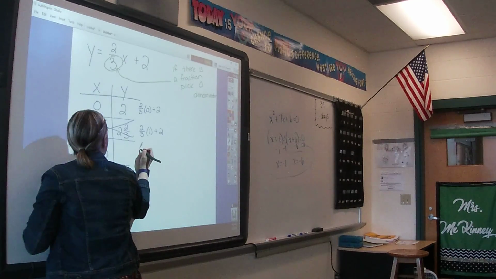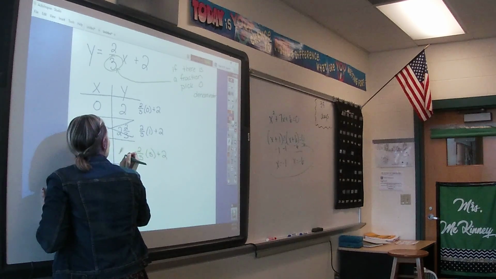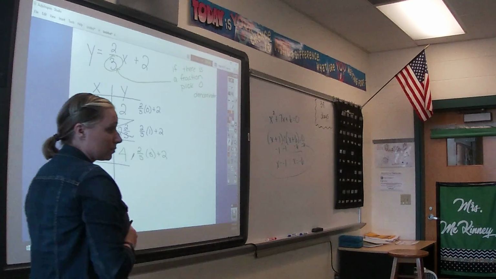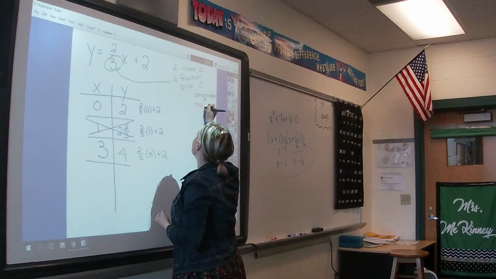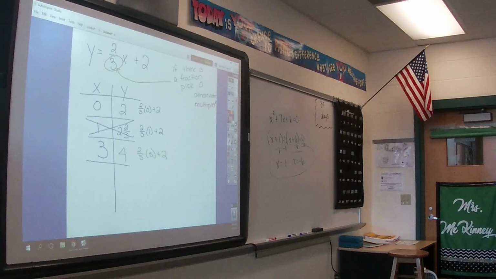Okay, so we'll do 2/3 times 3 plus 2, which will give us 4. And then we're going to pick a multiple of that. A multiple is a number that we can get when we count by it. So count then by 3s. 3, 6, 9, 12, 15. You can pick any of those. -3, -6, -9, as long as they fit.